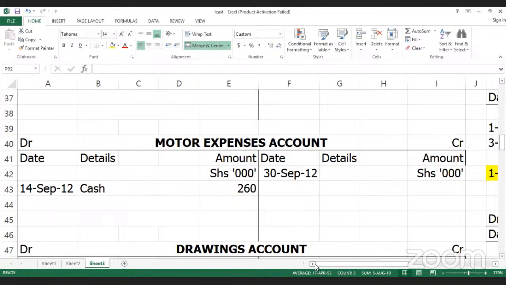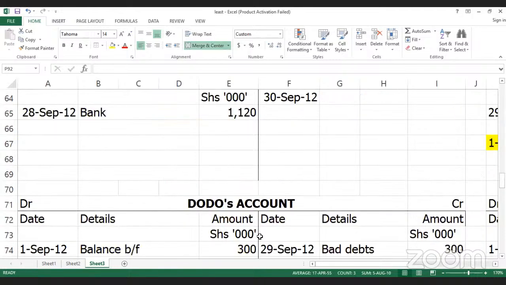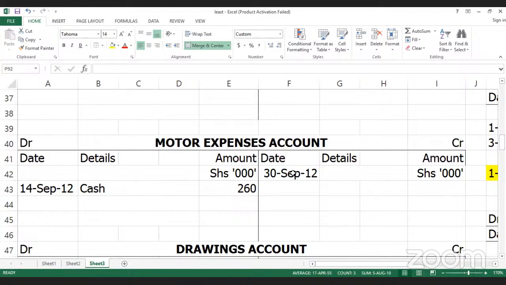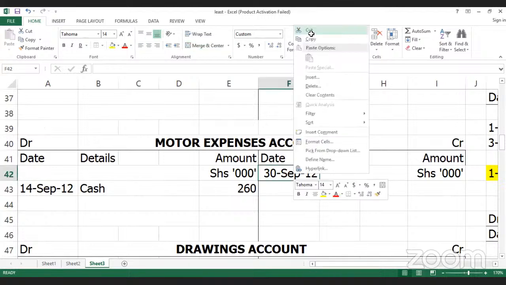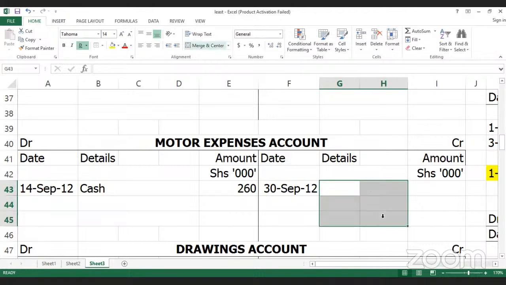Which side is greater on the motor expenses account? The debit side is greater.